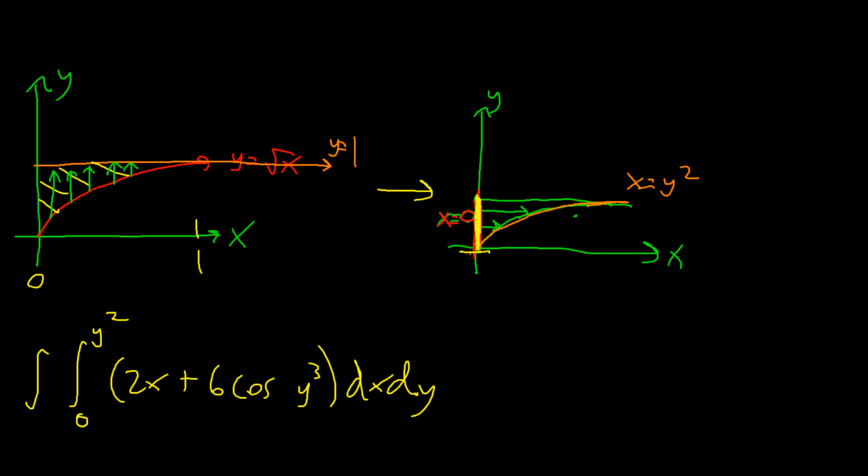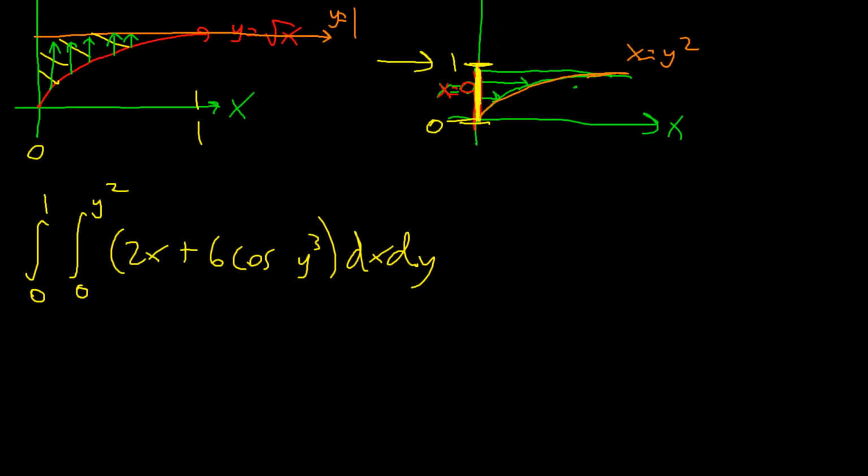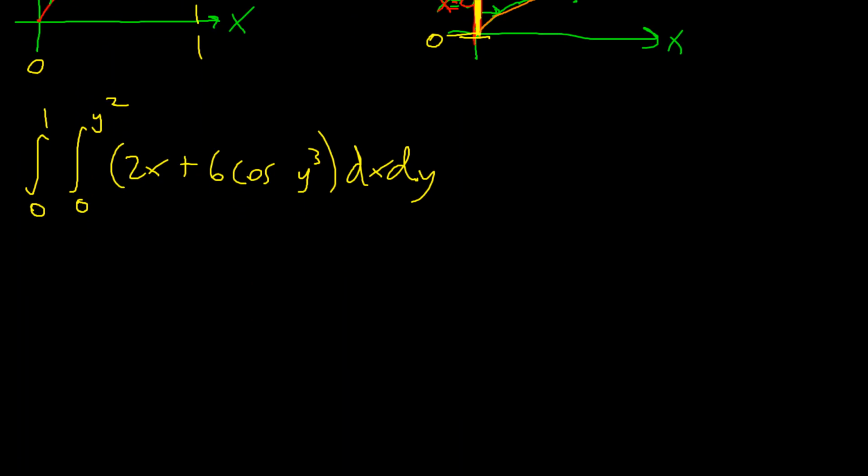Now the minimum value is going to be 0, and the upper value is going to be 1. So these are going to be the new limits. All right, and now that we switched the limits of integration, we can proceed.